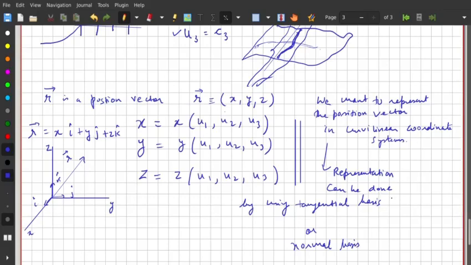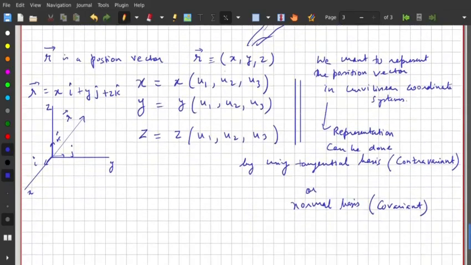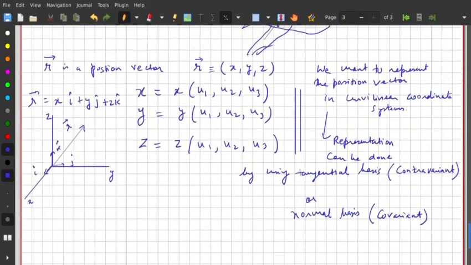So when we do it in the tangential basis, this is known as the contravariant basis, and when we do it in the normal basis, that is known as the covariant basis.